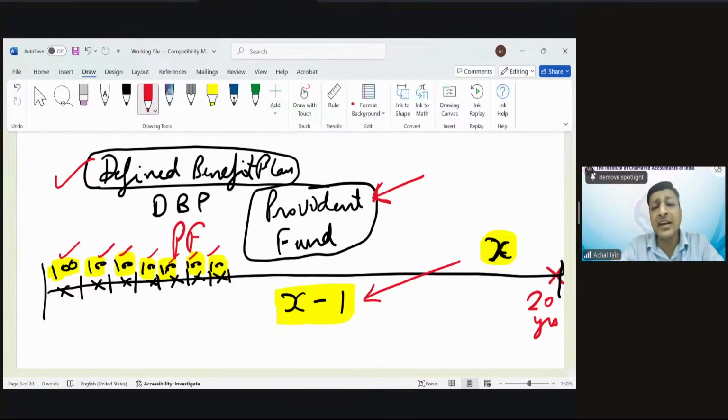Unlike what we had in case of a defined contribution plan, in which once the contribution is done, the risk is gone, and future liability will not fall on the employer. But in case of a defined benefit plan, even if the contributions are made each year, future liability risk continues to remain with the employer. And that's why these are called defined benefit plans. Clear on this?